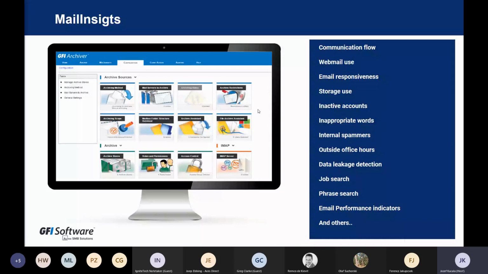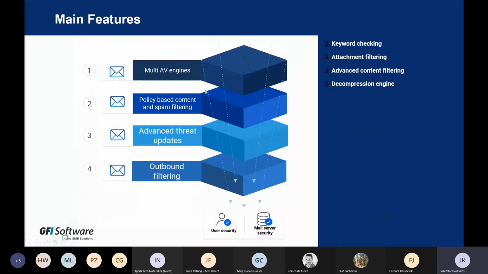MailEssentials will be able to intercept, but how can you actually learn about what should be stopped if you don't have the reports and you don't have the data? So at some point, you need to learn about what your users are doing, which could be delivered with Mail Insights and GFI Archiver. And this intelligence could then later be used in GFI MailEssentials to adjust or to create the content policies to block content exiting your business, exiting your environment.